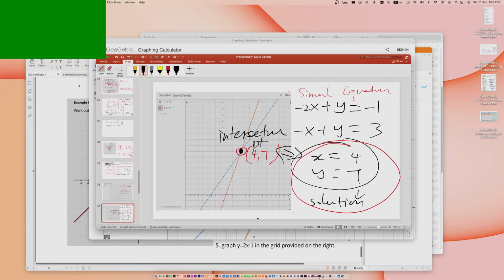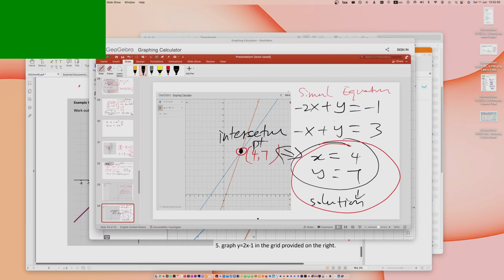The conclusion is the intersection point in the graph is the solution to the simultaneous equations. The reverse is also true. The solution to the simultaneous equation is the intersection point on the graph.